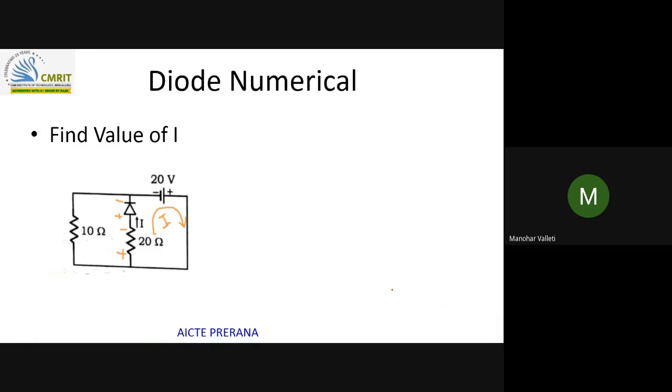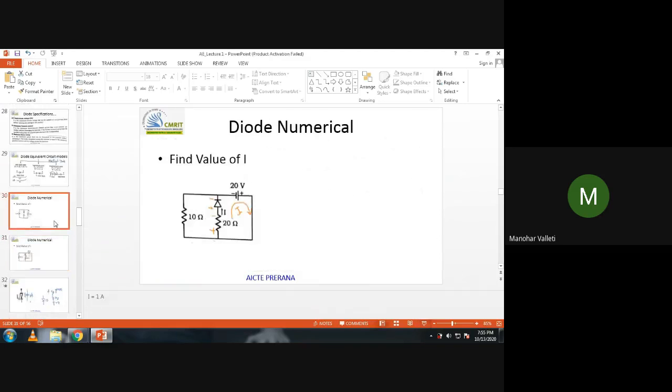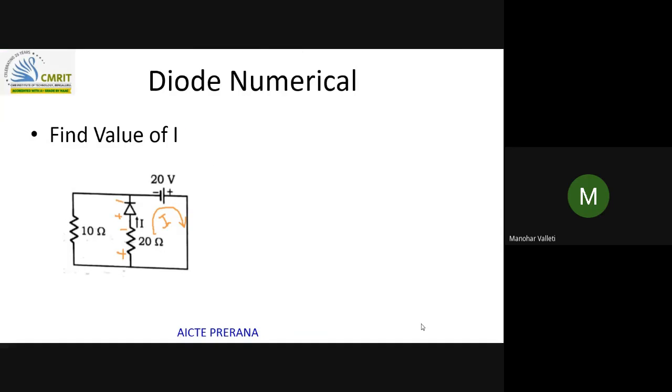So tell me the I in this circuitry. Now I want to know whether this diode D1 will be forward biased or not, right?